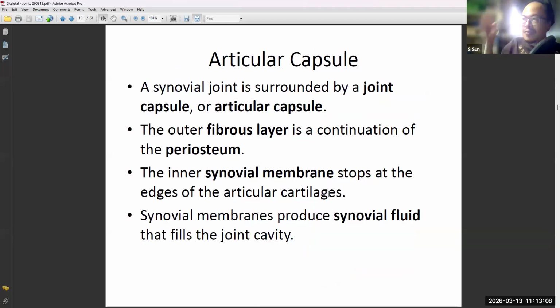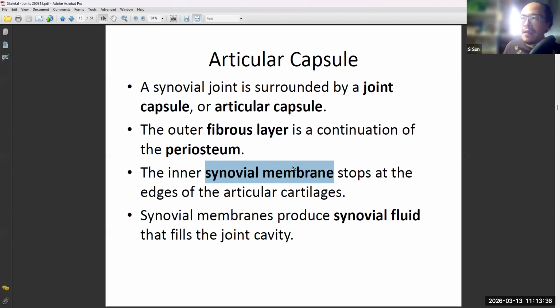The capsule has two sides, the outer and the inner membrane. The outer membrane is called the outer fibrous layer. It continues from where? The periosteum. The inner is a different membrane, called synovial. It has a function: it secretes, produces the fluid. Otherwise, where does the fluid come from?